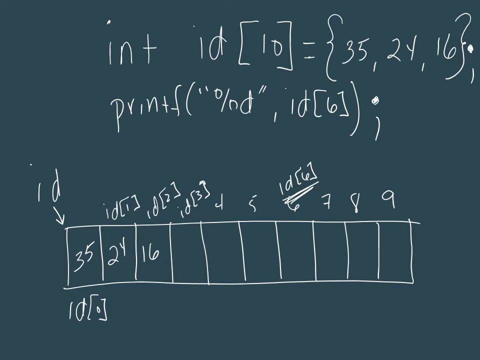Well, you should type this up and give it a try and see what happens. What would happen is the same thing as if I declared int x like this and did not assign it any value and then tried to print it.